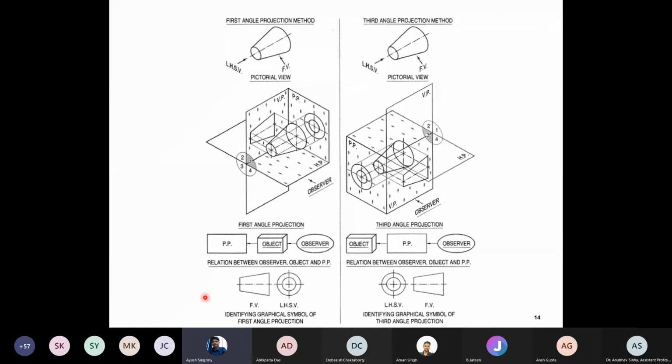Like in the first angle projection, if we see from the top and from the right side of this plane, then the projection will be the same. So when we drew the projection of planes in the previous class, we saw the plane from the right side, then on the VP we got its projection, and then from the top, on the HP we got its projection. If we do the same thing in this case, then both projections will become the same.